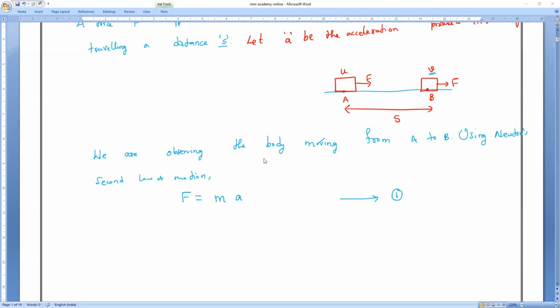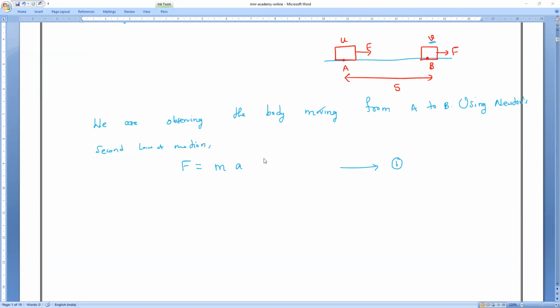So now, from the third equation of motion, since I am not talking about time, if there is no time parameter, which equation should I take? The third equation of motion.